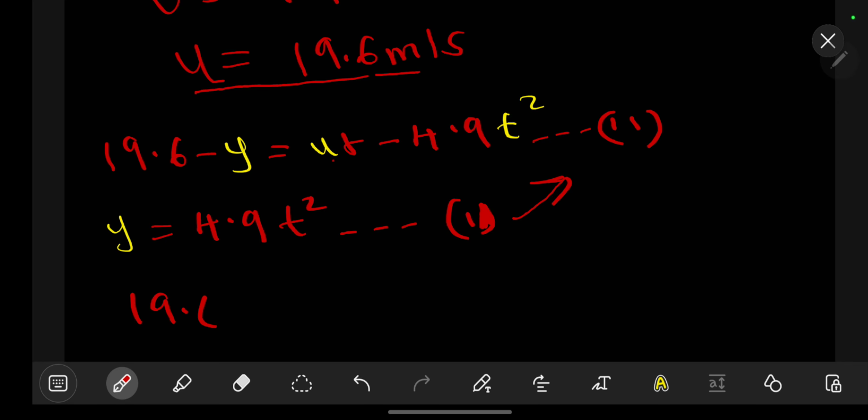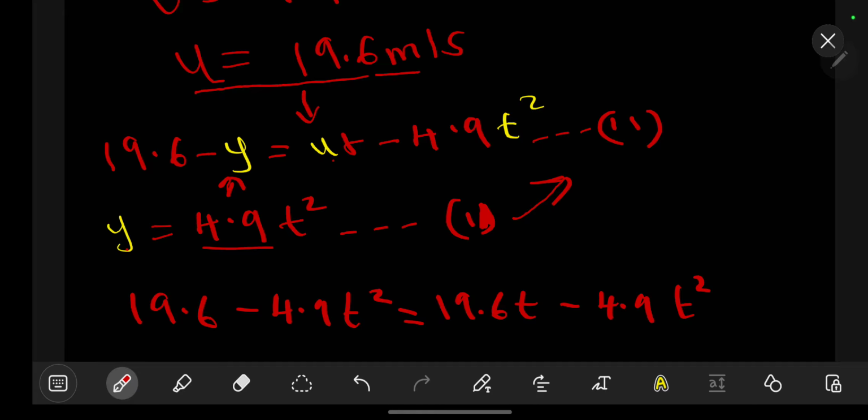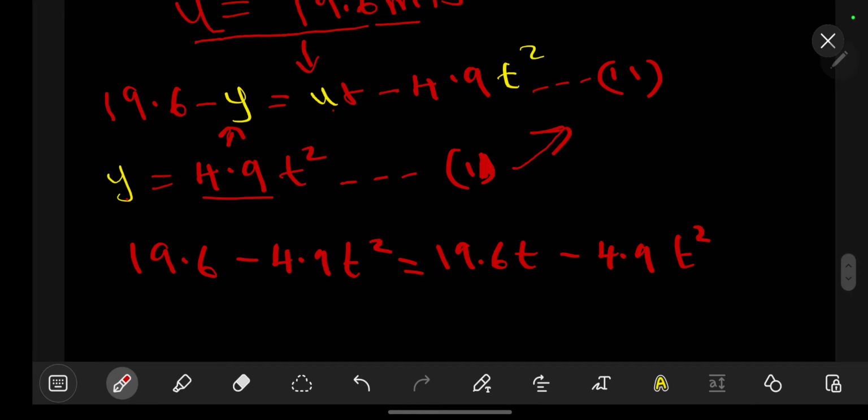So we have 19.6 minus 4.9 t squared equal to our initial velocity, which we know is 19.6, times t, then minus 4.9 t squared, like that.